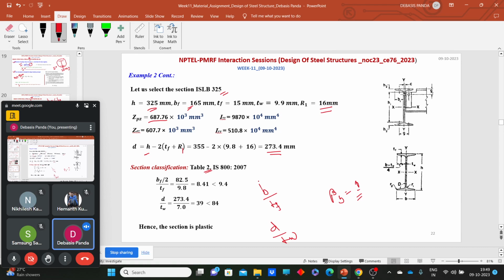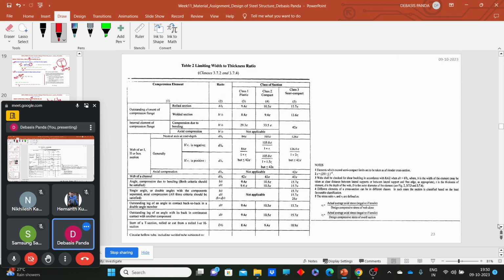B is BF by 2, to be considered here, and TF. The values are: B by TF comes as 8.41, which is less than 9.4, and D by TW is also well within 84. All these values you can check with respect to this table, where all the values are given.